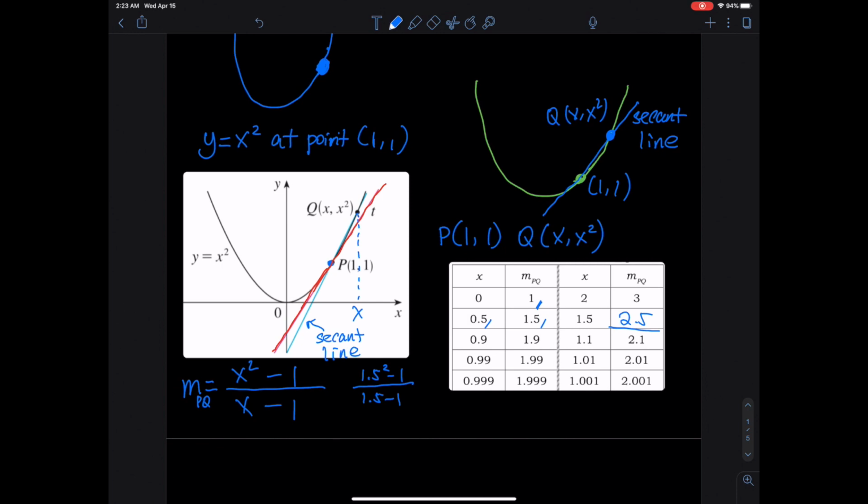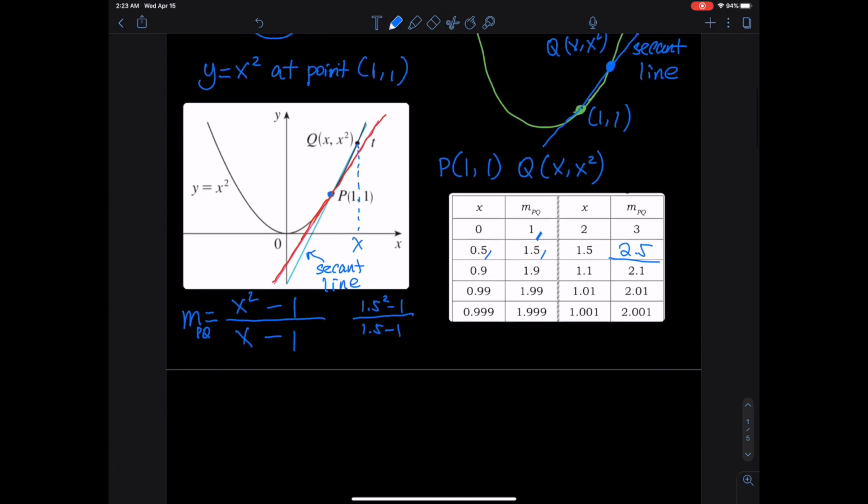To make this make more sense, I am going to draw a number line right here. I am going to put a 1 right in the middle, and then this is a 0, this is a 2. Where is 0.5? And then a 0.9, and we have a number that is closer to 1. This is 1.001, 1.01, and then we are getting farther away from 1.